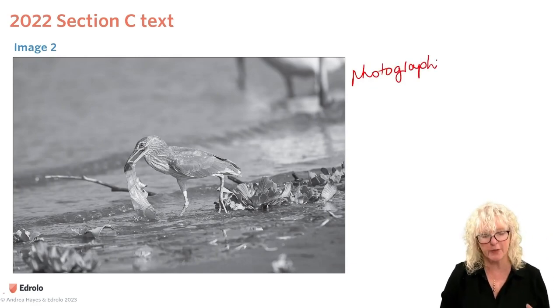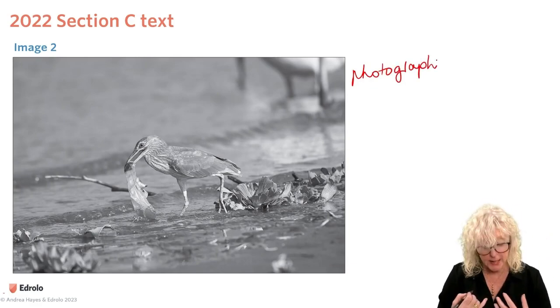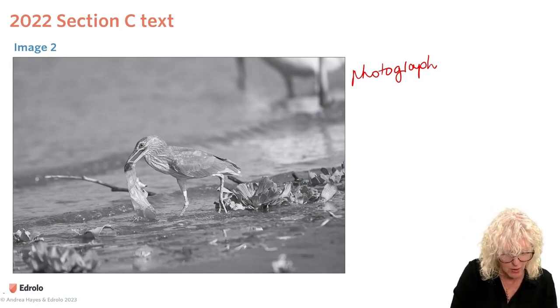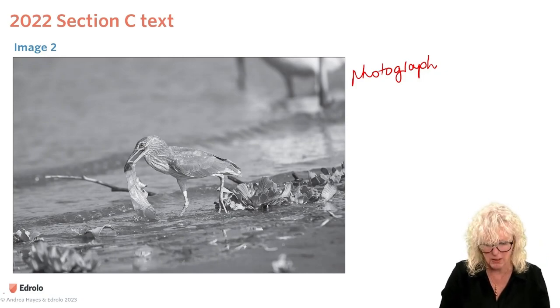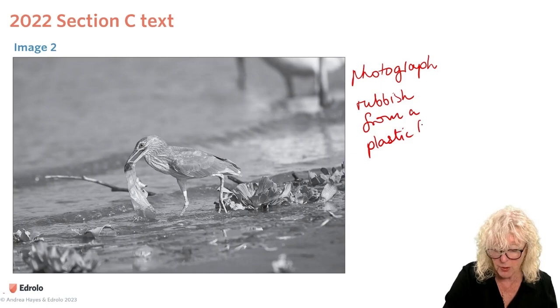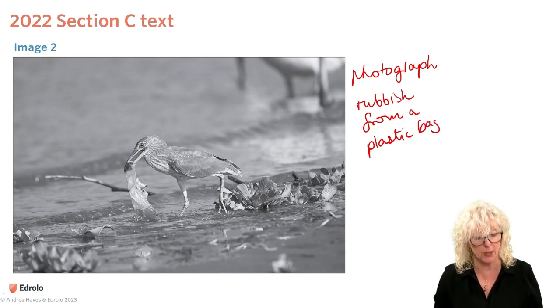And to give a brief description, to me it's a bird from a wetland trying to get something out of a plastic bag, rubbish. That's my opinion. No doubt the plastic bag being dropped by humans.